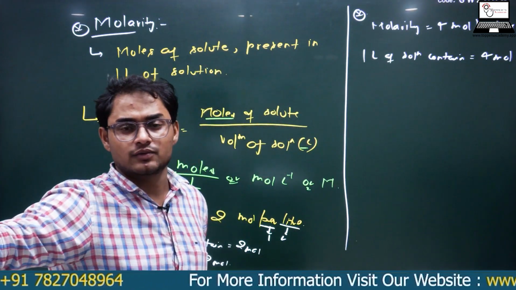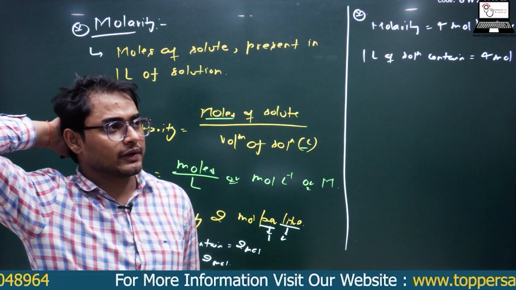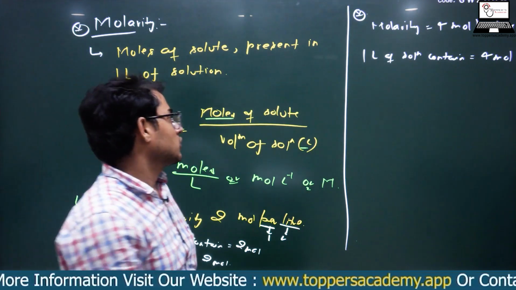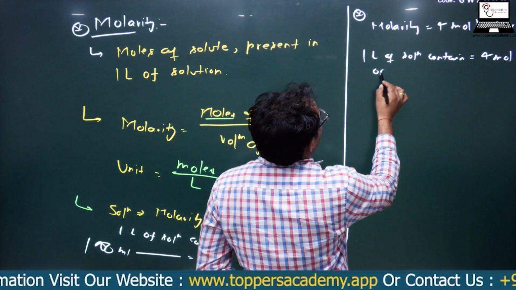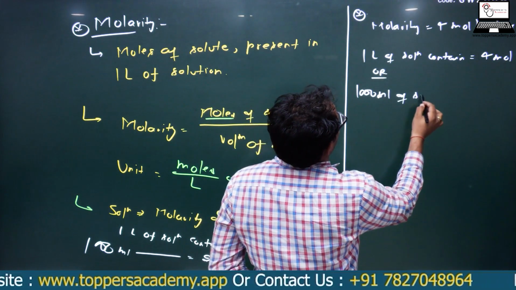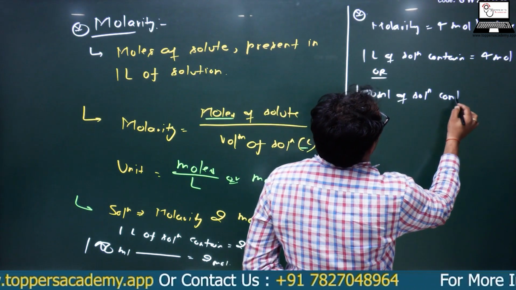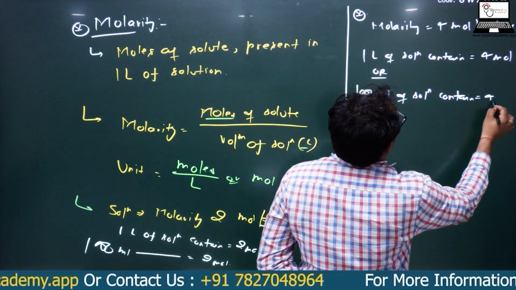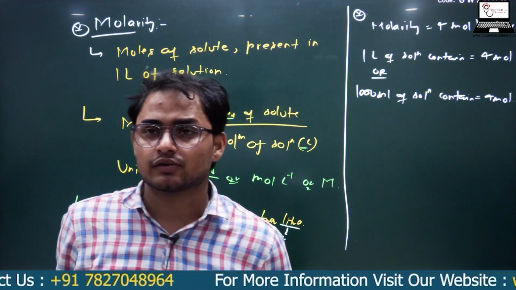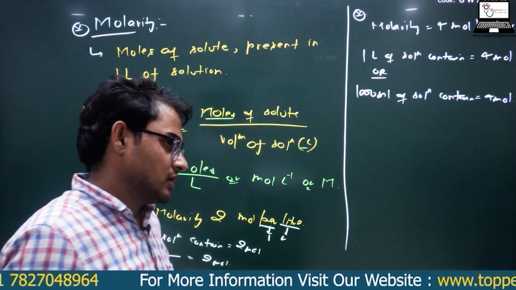Obviously I am going to talk in terms of solute, right? So 1 liter of solution contains 4 mole. So I can write 1000 ml of solution contains 4 mole, right? Both are the same thing, my dear students, because 1 liter is equal to 1000 ml.